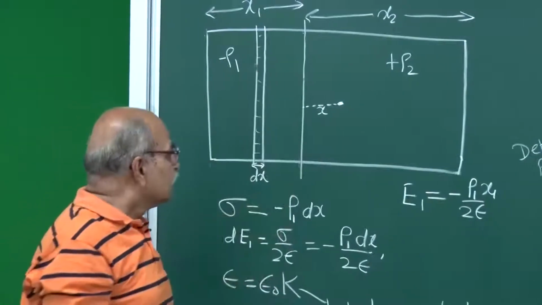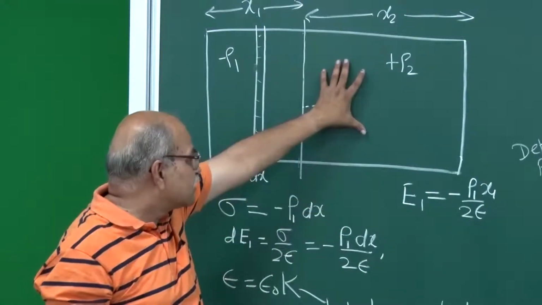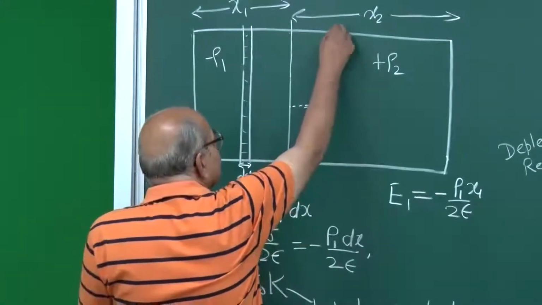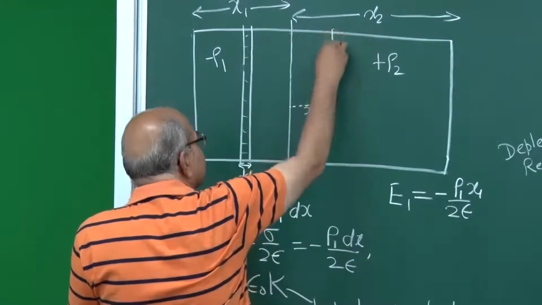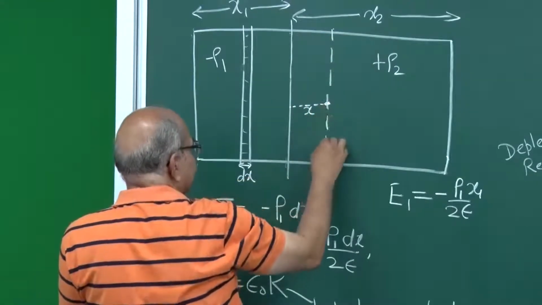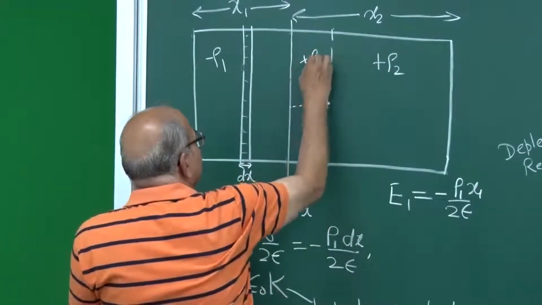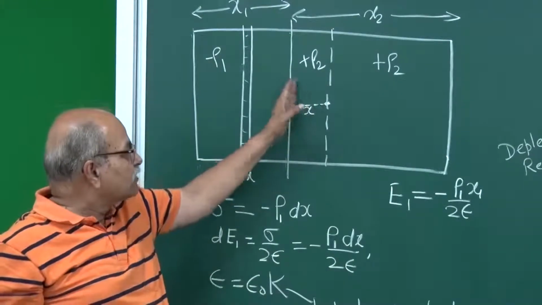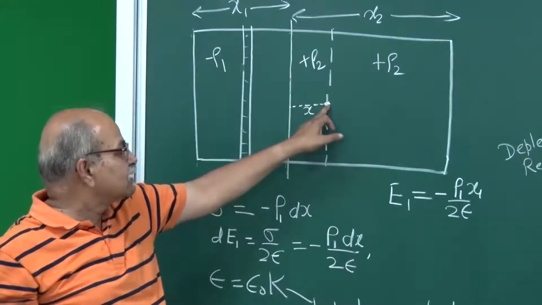Okay. Then come to the second part. Here let me do it in two parts once again. Let's draw a line here, and this is all plus rho 2. First calculate the field due to this part, which is to the left of the point chosen.